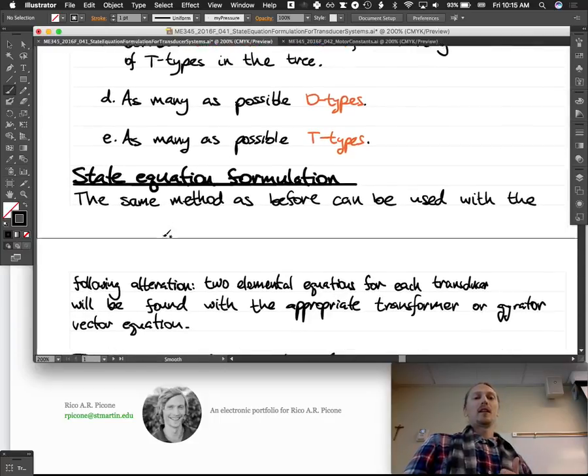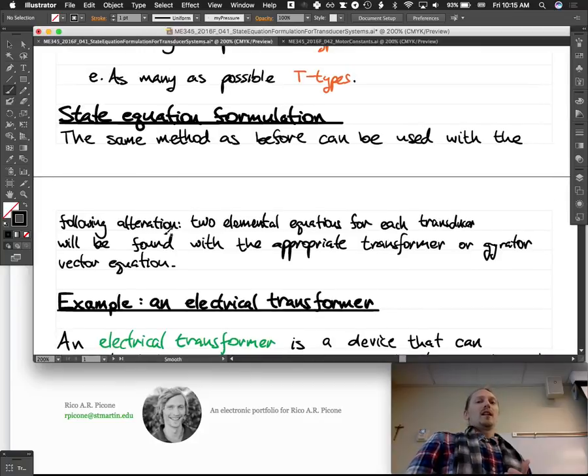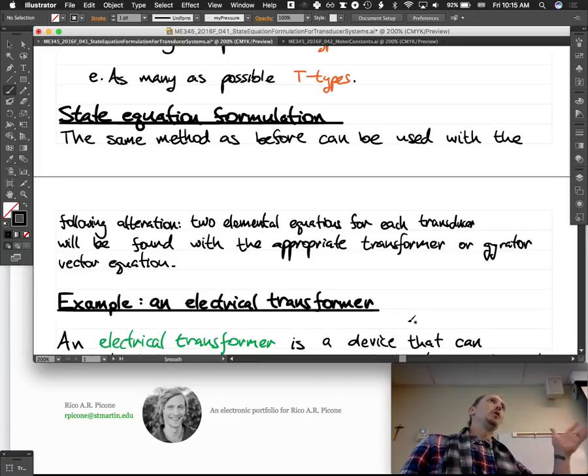All right. So state equation formulation. Is it going to be all new way of doing things? No, thank God. We're just going to do the same exact process. So same method as before, with the following alteration. 2 elemental equations for each transducer will be found with the appropriate transformer or gyrator vector equation. So we remember in the last set of notes, we developed the 2 elemental equations for a transformer and the 2 elemental equations for a gyrator, right?